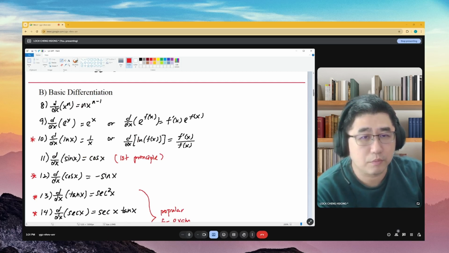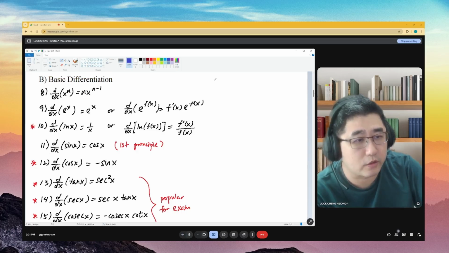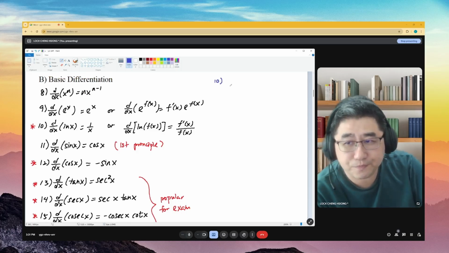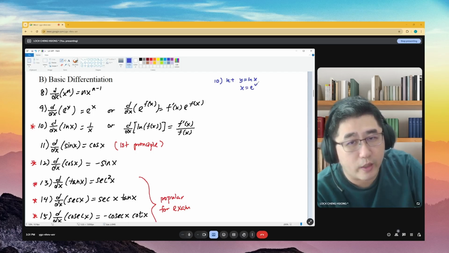Number 10. Let me write on the side here. So let y equals ln x, so x equals e^y. Then dx/dy, according to rule number 9, you will get e^y.